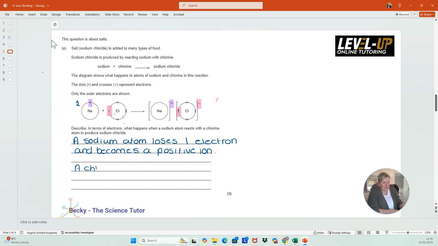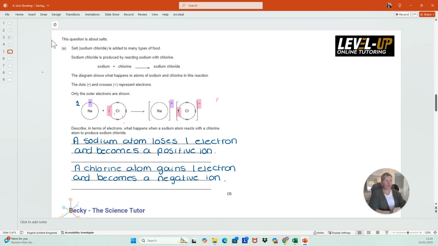A chlorine atom gains 1 electron, and becomes a negative ion. How easy is that? The diagram's there for you.